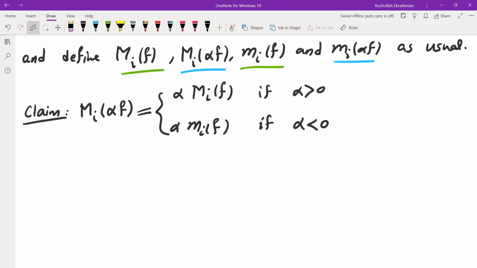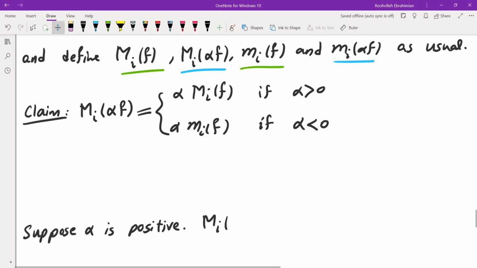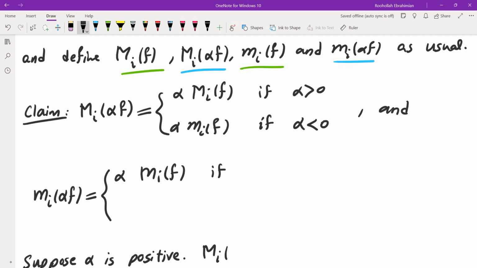Now, given this, suppose alpha is positive. If you look at capital Mi, and similarly for the infimum, Mi of alpha f gives us alpha Mi of f if alpha is positive, and alpha lowercase mi of f if alpha is negative.